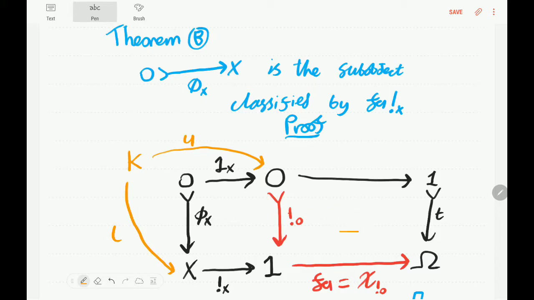So we know that this right square is a pullback square, and so the pullback lemma says that this left square is a pullback square if and only if this outer black and red rectangle is a pullback square.